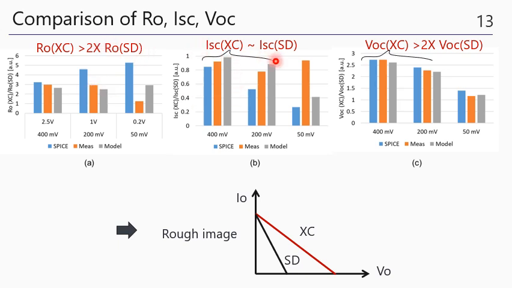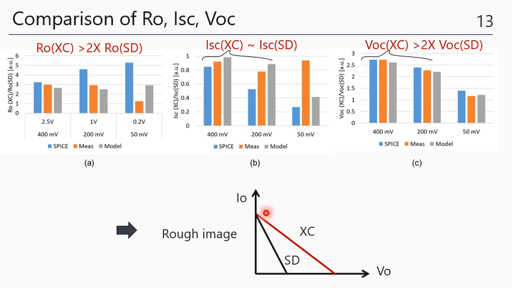For the short circuit current, let's see, about the same between the XC and SD. For the VOC, the XC versus SD is over 2. So from these results, you can have a rough image like this.